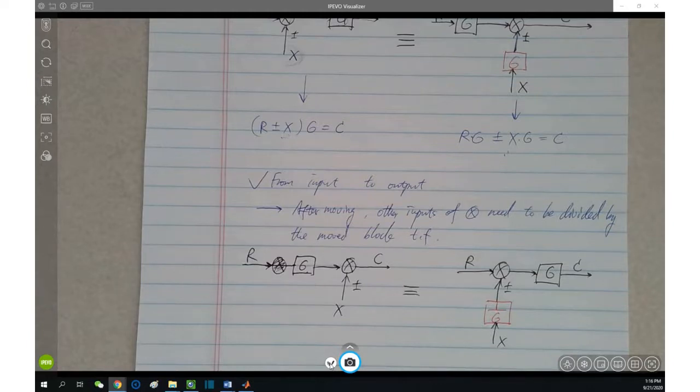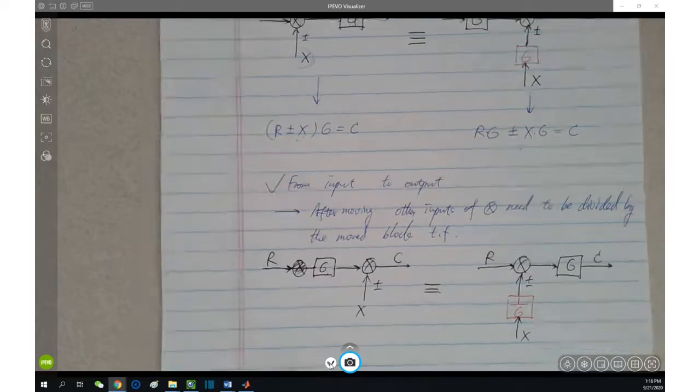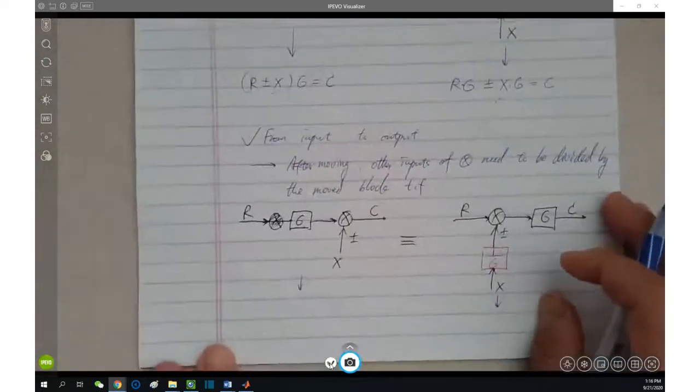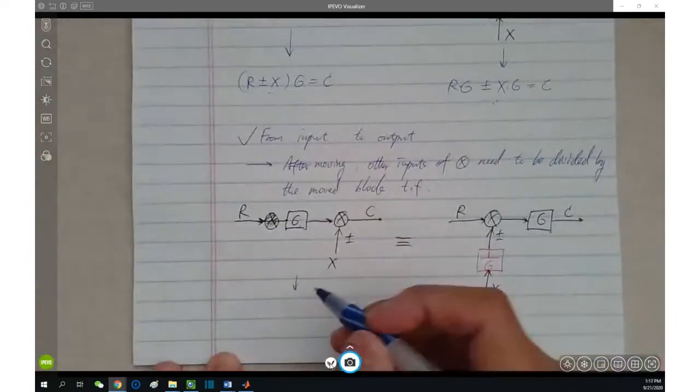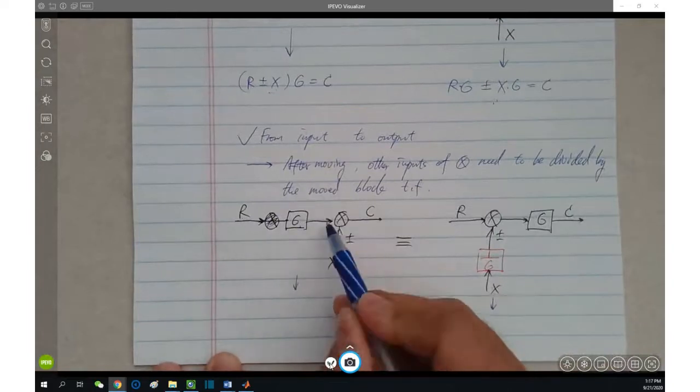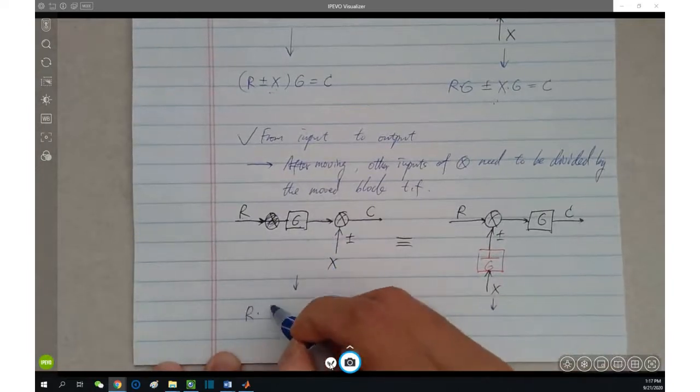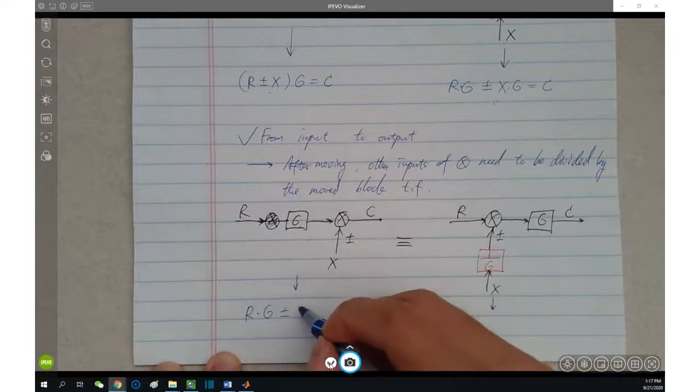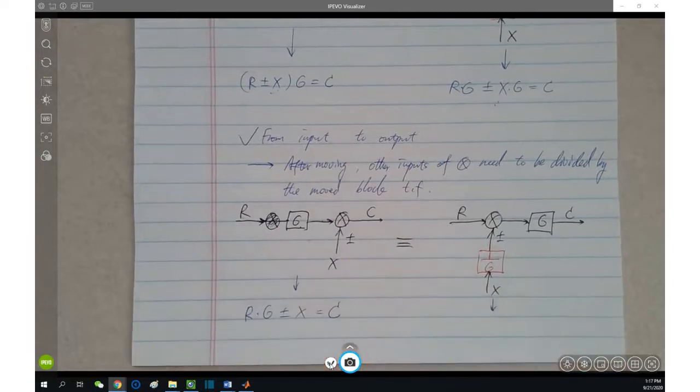Does it make sense? And of course, once again, let's see both C. First, R times G equals this signal plus minus X equals to C. Does that make sense? To the second one, what do we have?